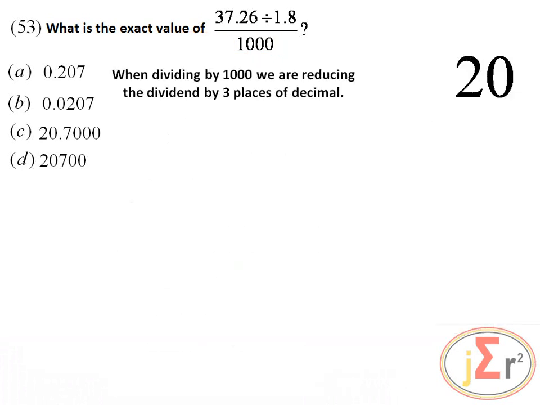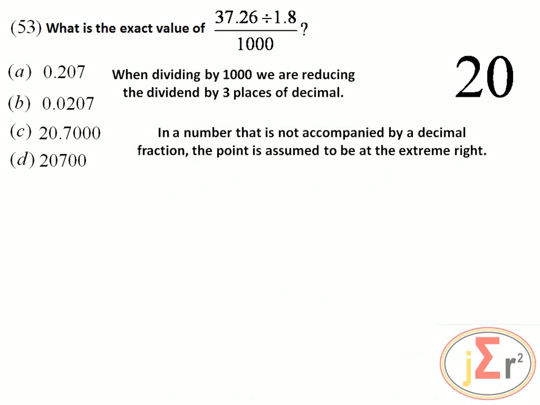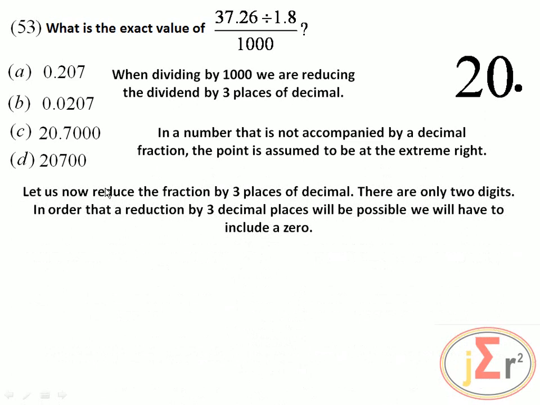When dividing by 1000, we are reducing the dividend by 3 places of decimal. In a number that is not accompanied by a decimal fraction, the point is assumed to be at the extreme right. Let us now reduce the number by 3 places of decimal.